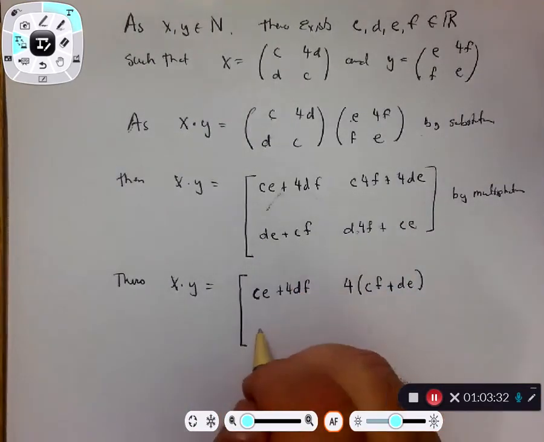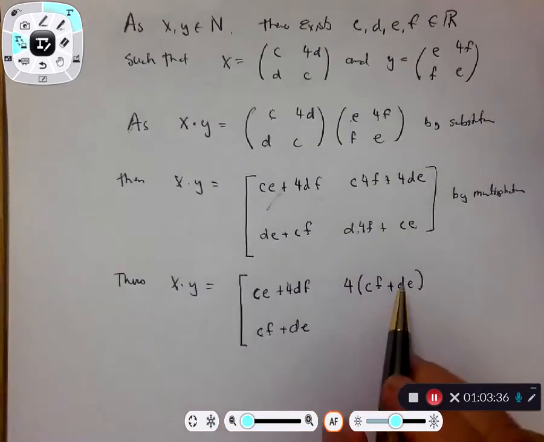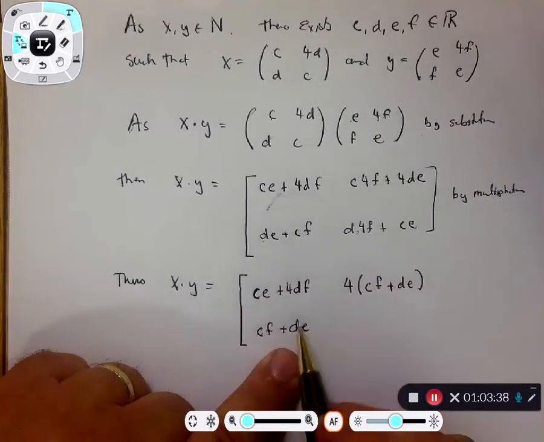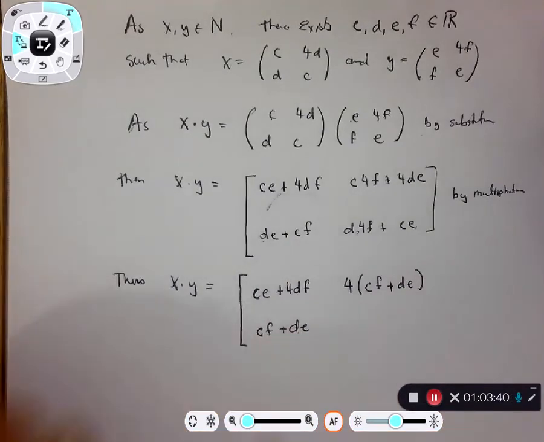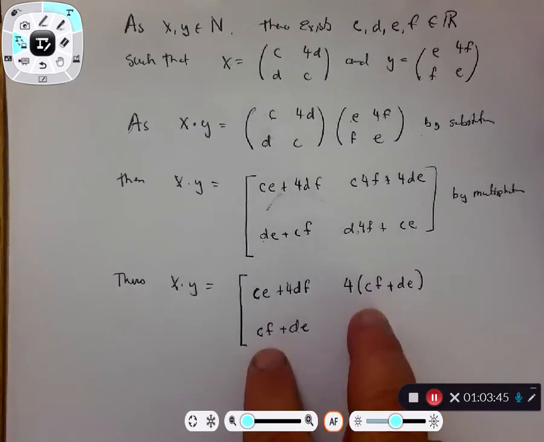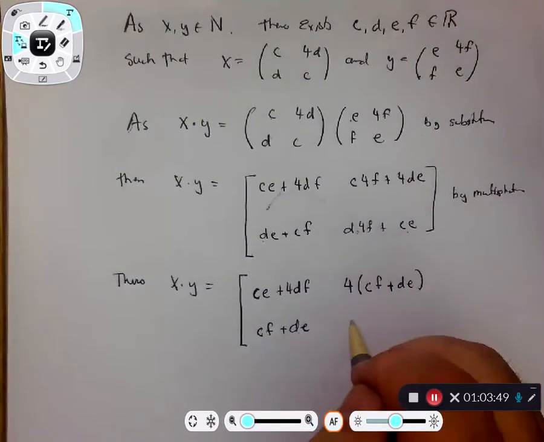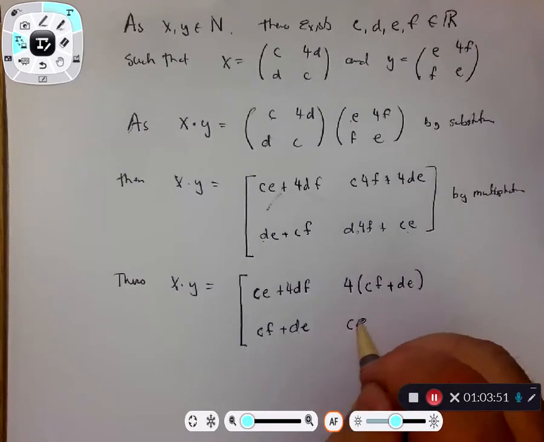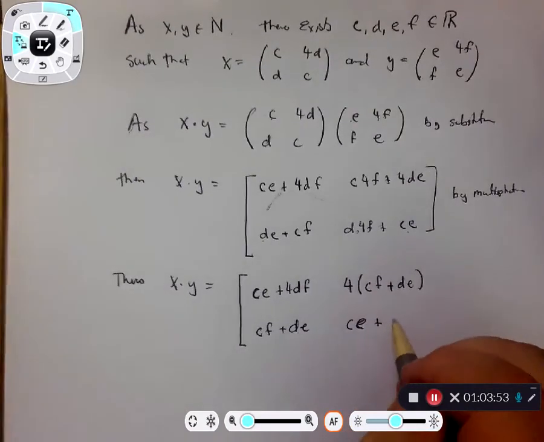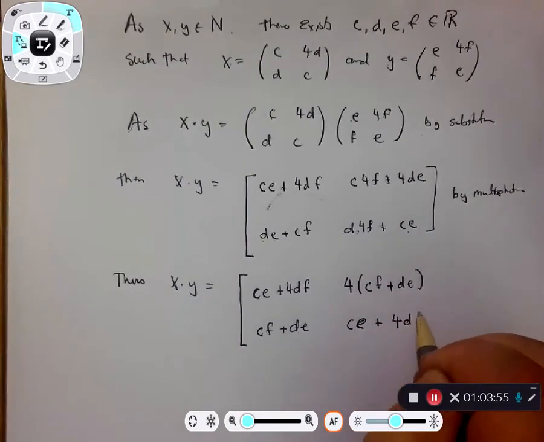This one is going to be CF plus DE. I'm trying to make the elements look alike, so I did use commutativity on it, but remember these are real numbers, so that's a field, so no problems in commuting these guys. So they look alike. And now this guy I'm going to commute again. This would be CE plus 4DF.